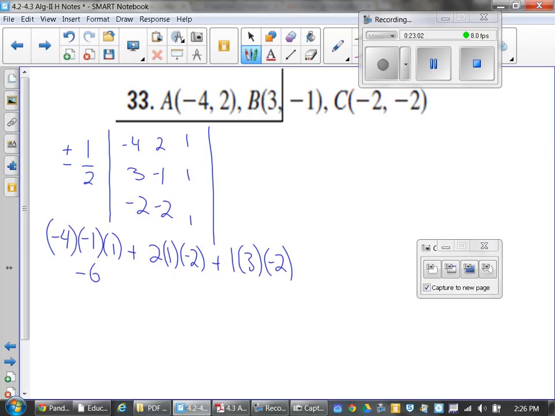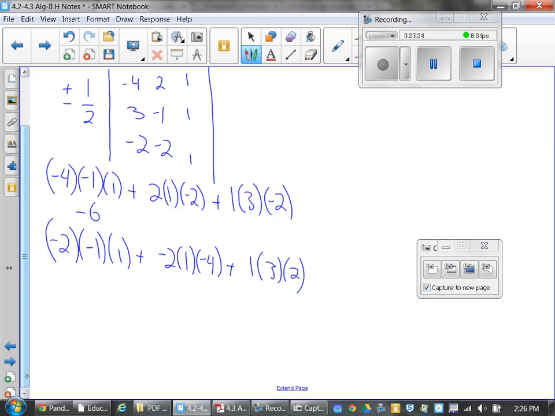Is it downward -6? Go back to geometry. Upwards, we have -2, -1, 1, -2, 1, -4, 1, 3, and 2. So I have 2, 8, 6, 16.